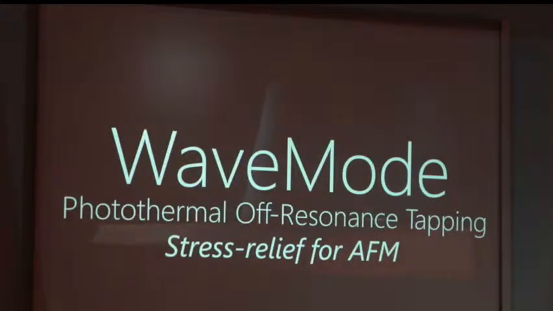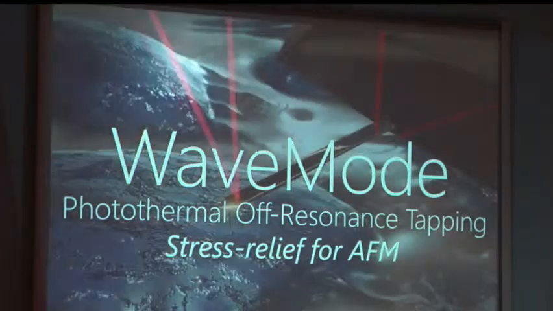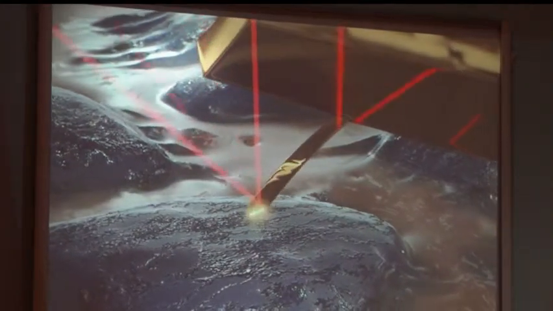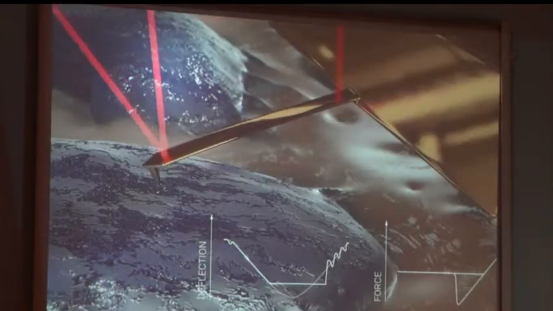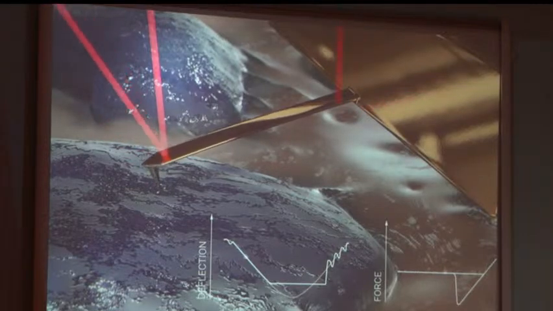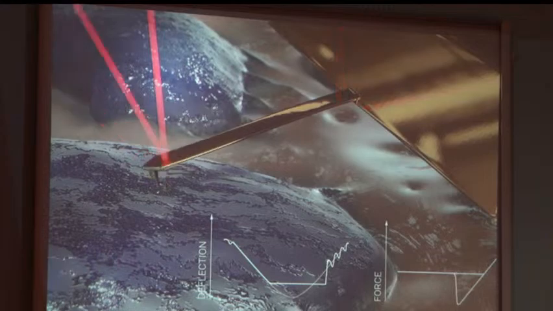That is called CleanDrive. A more advanced version of CleanDrive is called WebMode, which is photothermal off resonance tracking. I'm not going to explain a lot of theory behind it, but whatever you cannot get in contact mode or tapping mode, you can see using WebMode.